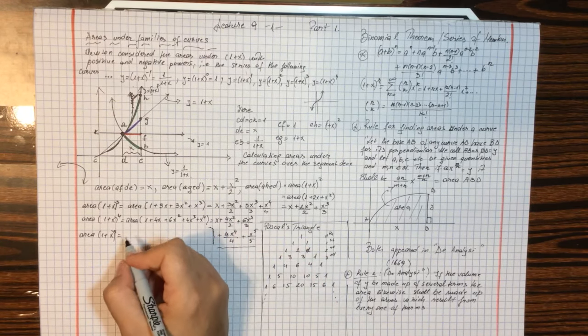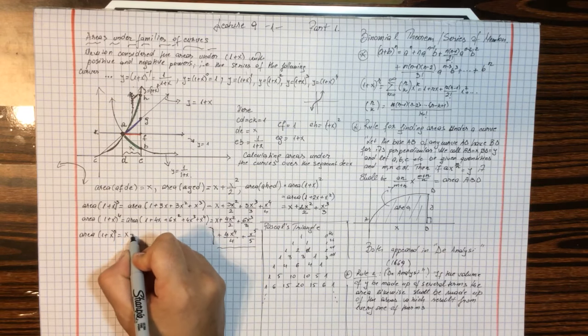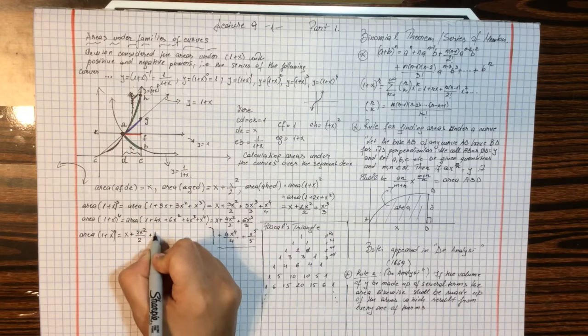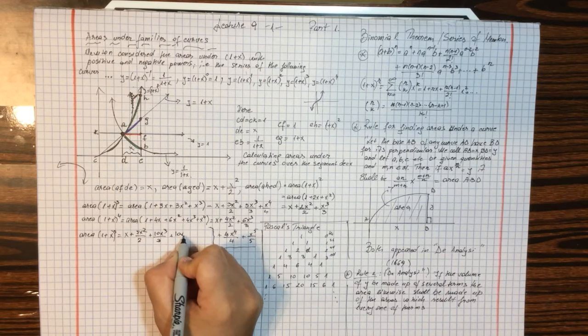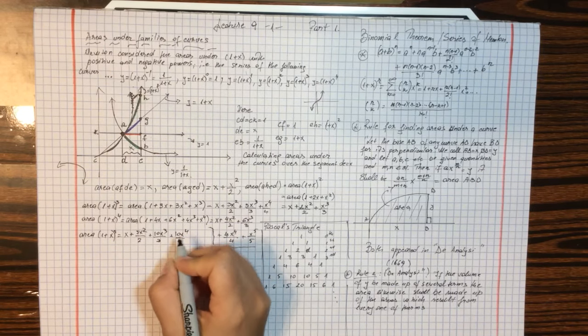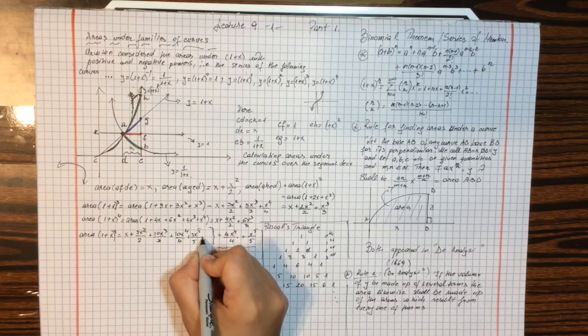I am just going to write what the area is once you integrate each term in the expansion. So it is x plus 5x to the 2 over 2 plus 10x to the 3 over 3 plus 10x to the 4 over 4 plus 5x to the 5 over 5 plus x to the 6 over 6.